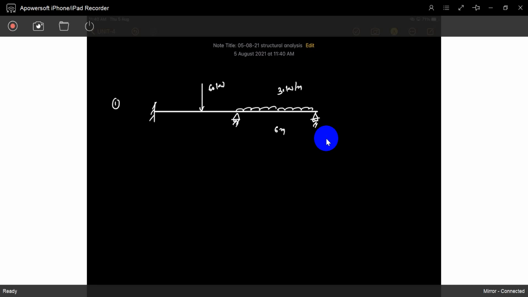It's 6 meters, it's 2, it's 4. So you can take any type of loading. We already derived fixed end moments for different loading, so there is no need to derive them again. That's why we take simple loading. Okay, that's it. So solve it and find out the bending moment diagram.